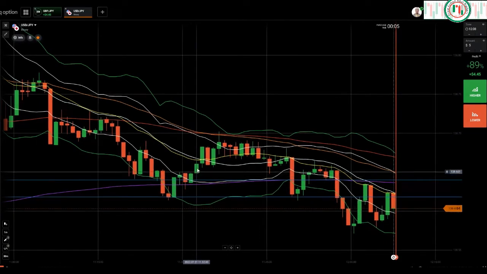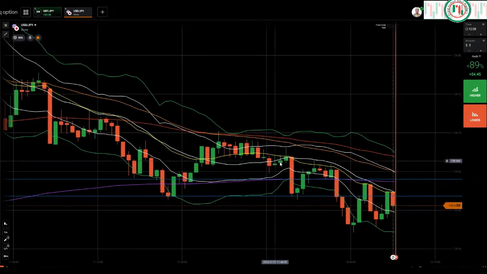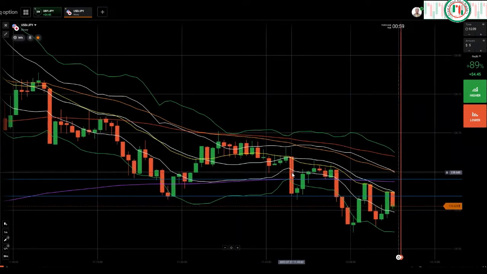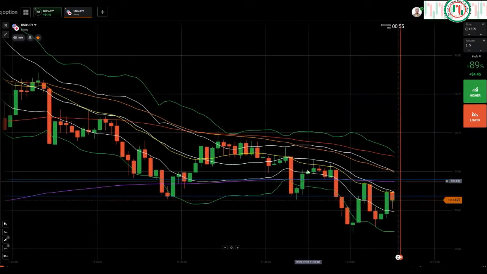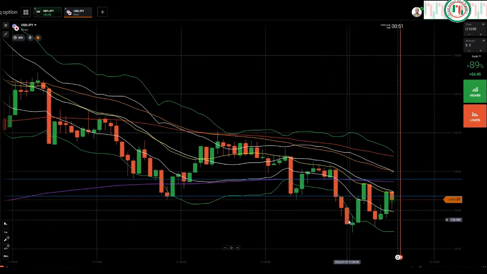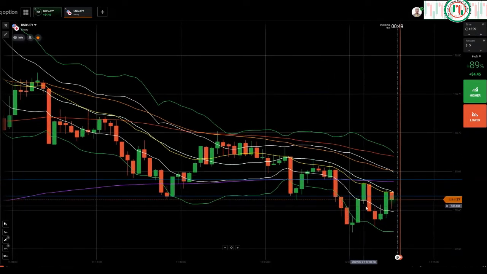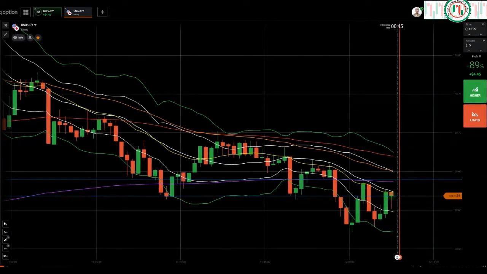Then you wait 18 minutes. You wait, then you can place this one as well. Then you wait 9 minutes again. You place a trade. Very simple. How many trades do you take here?